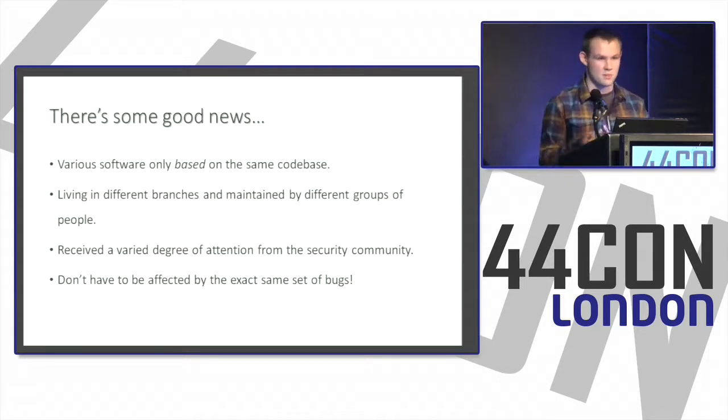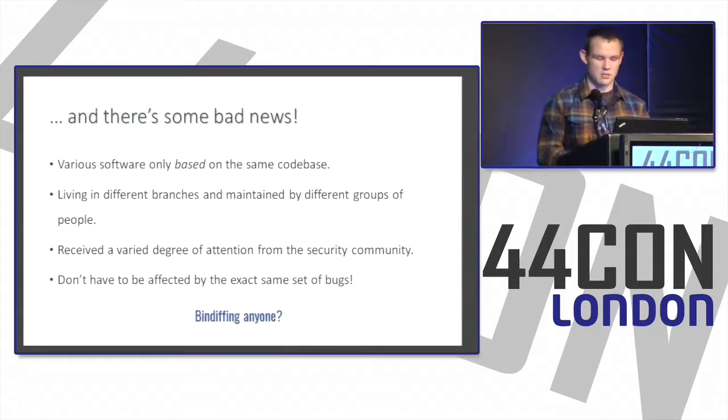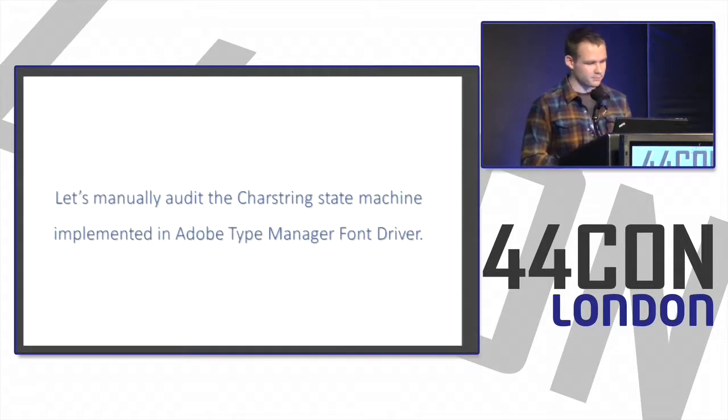So some bugs might have been fixed in some software, but not the other. So that's good news, right? But it's also bad news, because if you can bin-diff those software or cross-diff them between each other, then you can possibly find bugs in some software that's already fixed in the other one. So it's not a really very good situation, I guess.